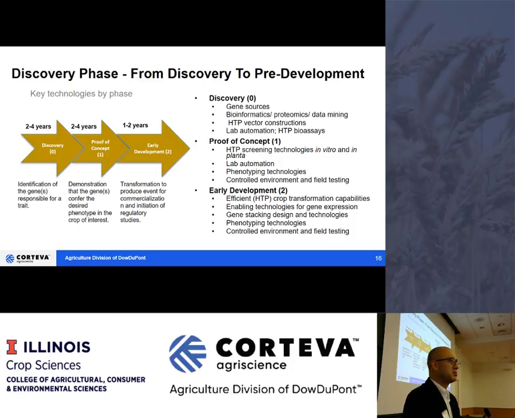Phenotyping technologies, obviously now at this stage the emphasis is tilting more towards the field. So we continue to do that in the greenhouses. We continue to characterize with phenotyping technologies in controlled environments, but we are more interested at this point in testing under field conditions. So that is a big emphasis that we put into.